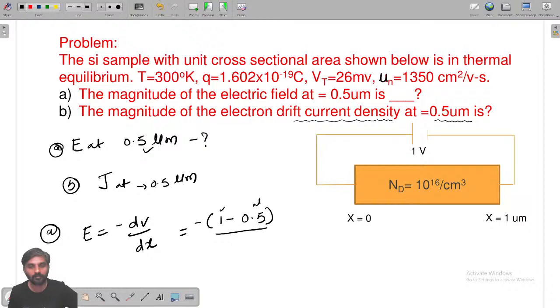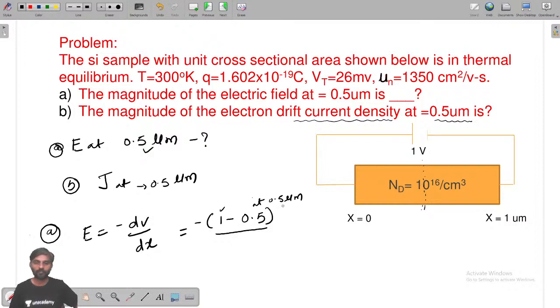This is the potential at 0.5 micrometers, halfway through. I think we have done the same kind of problem when we were discussing this.